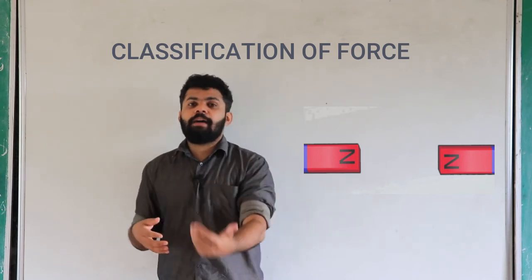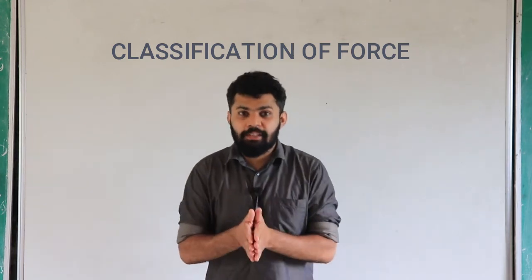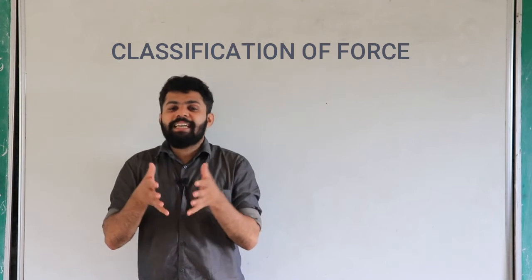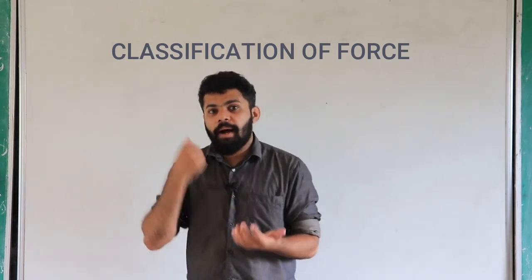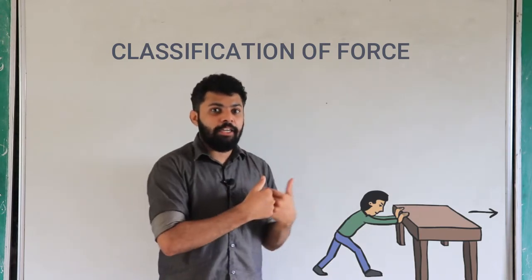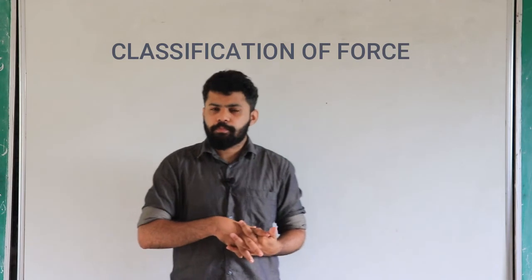That is an example of non-contact force. Then the second type is contact force. Contact force means the 2 objects are interacting with each other by contacting. If I am pushing a table, I need to contact that table, no? So that is a contact force.